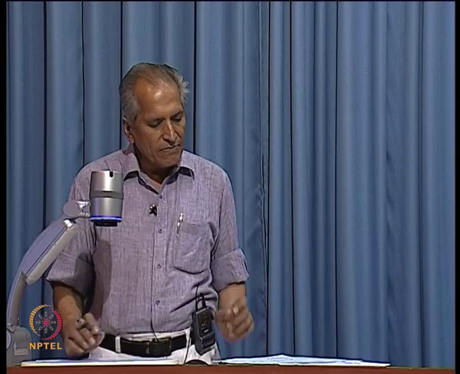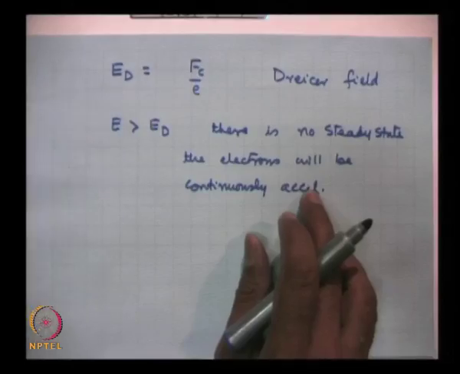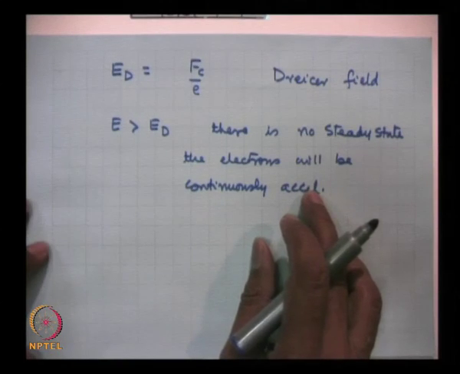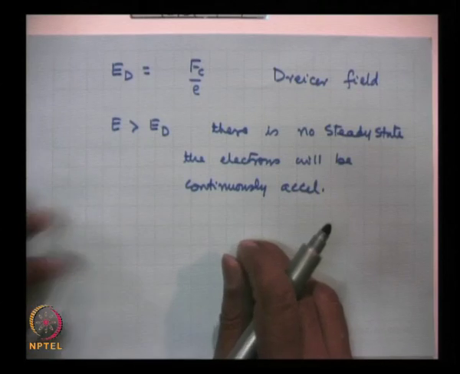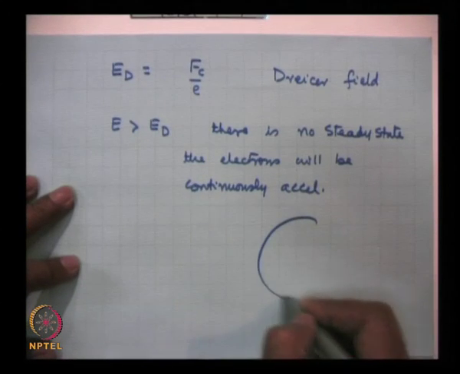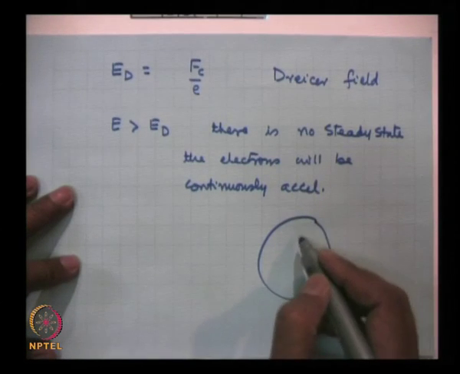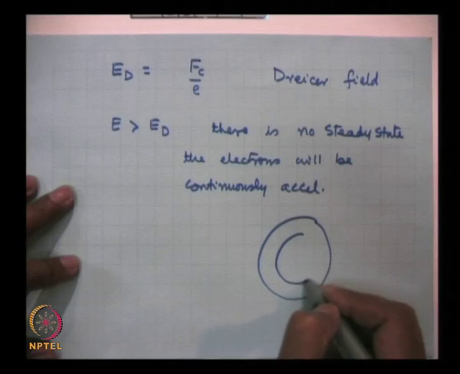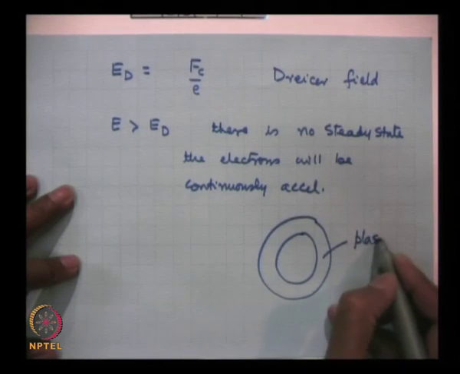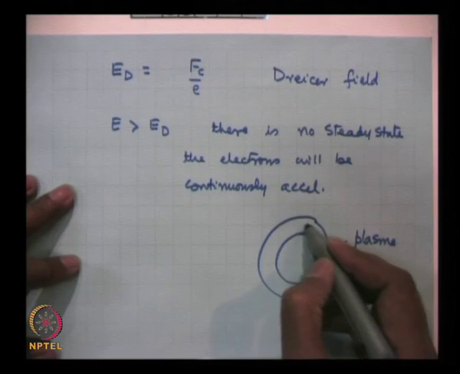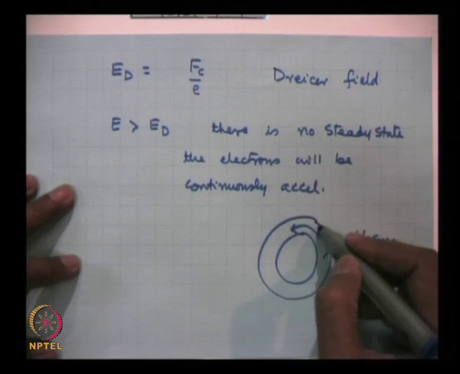In plasmas like the Tokamak, this is a very important phenomenon. A Tokamak is a device like this. It is a toroid which contains a plasma here, and it has a DC magnetic field in this direction, which is produced by coils.